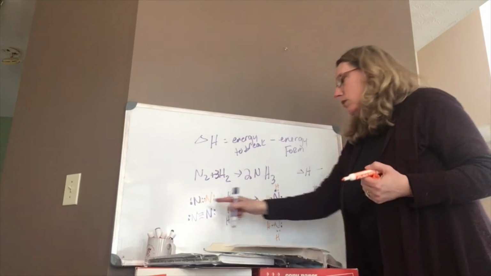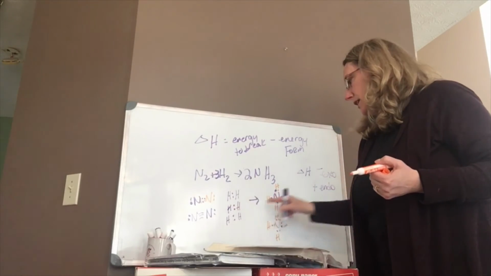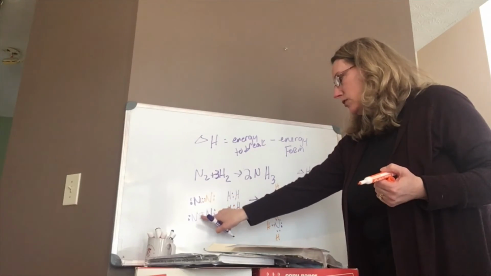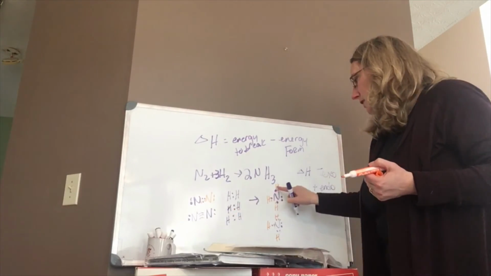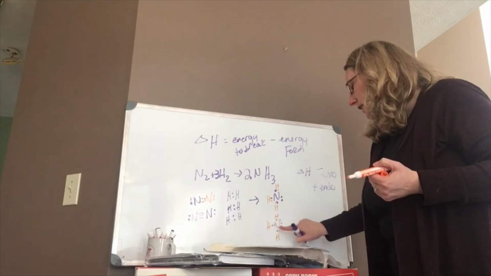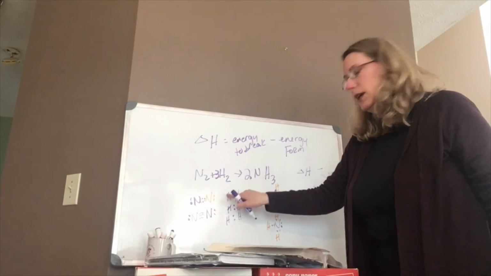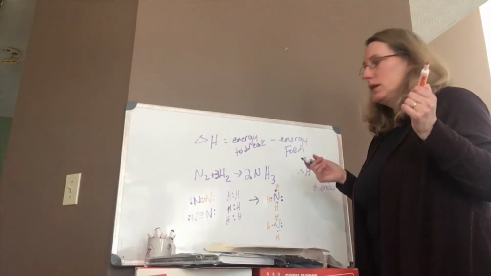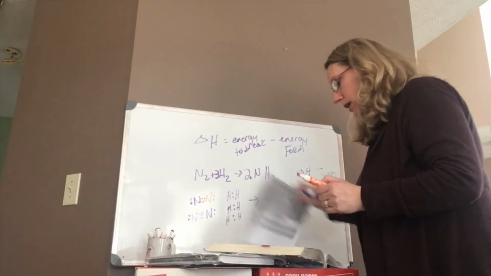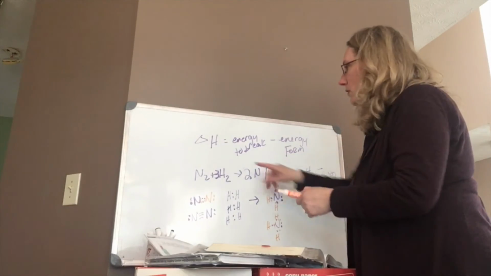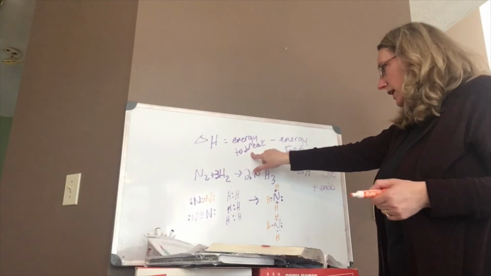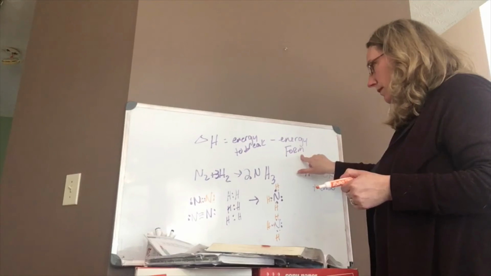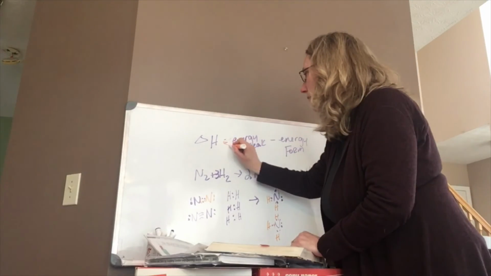So every single one of these bonds needs to be taken into consideration. This one, 2, 3, 4, 5, 6, 7, 8, 9, 10, 11. So these ones are breaking, these ones are forming. So I have to keep track of all of them. What's going to happen is you're going to take your energy to break minus your energy to form, and it's the sum of.